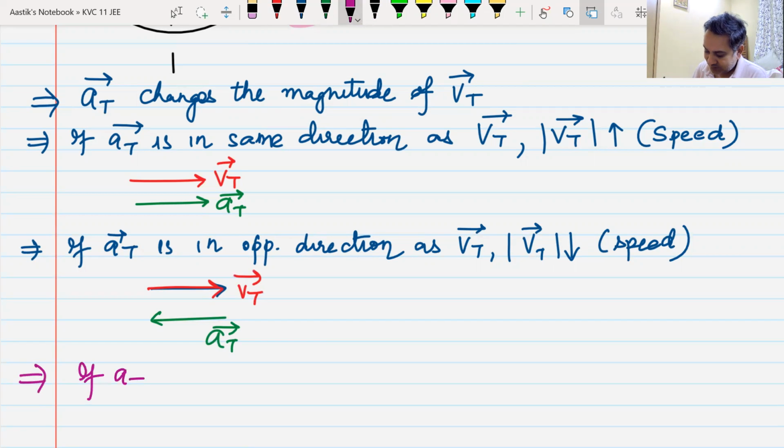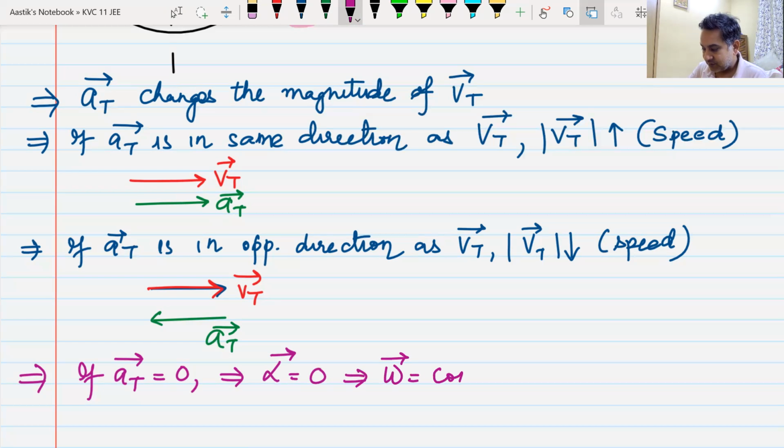If your tangential acceleration is 0, that will imply your alpha into r is 0. That implies your omega will remain constant. That implies the magnitude of your tangential velocity will remain constant.